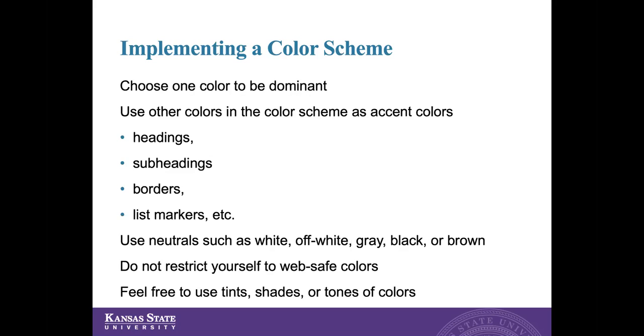You'll always want to try to use some neutrals like white, cream, off-white, or grays. Those are great for text. If you have a dark background, using white or off-white is good. If you have a really light background, dark gray or black for text is good to use.